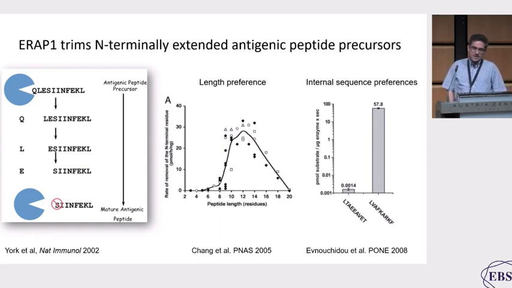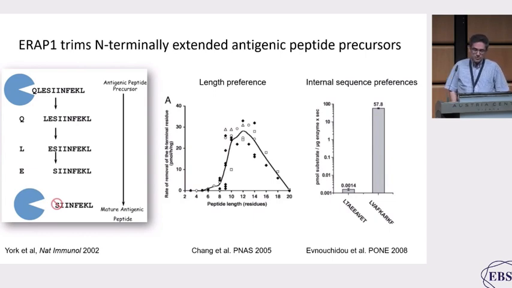And actually this enzyme somehow seems to know what is the appropriate length, and will trim peptides with preference for length. It will actually prefer to trim peptides that are 9 amino acids or longer, down to about 9 amino acids. Also, and this at least initially was quite unusual for an aminopeptidase, although it has specificity for the amino terminus, it seems that it has very strong specificity for other positions in the peptide sequence.